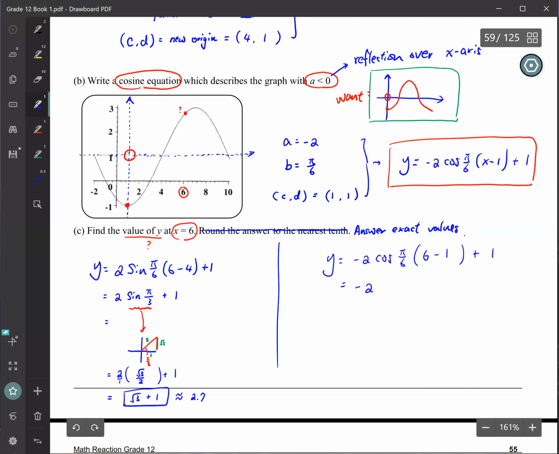So we're gonna simplify just like before. 6 minus 1, so 5 pi over 6 plus 1.